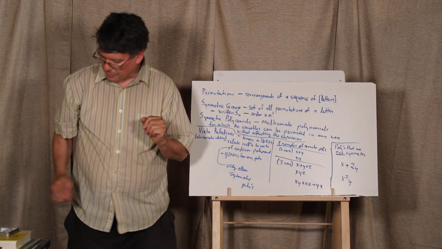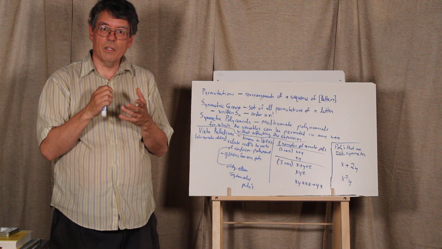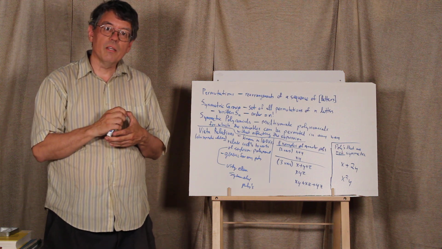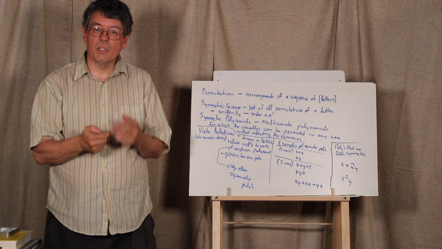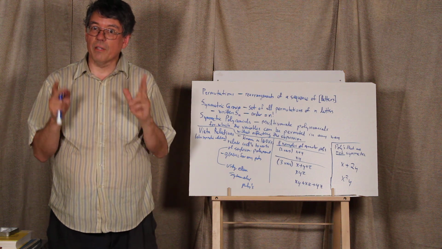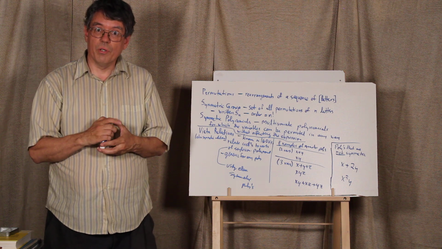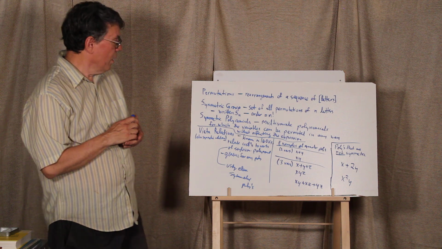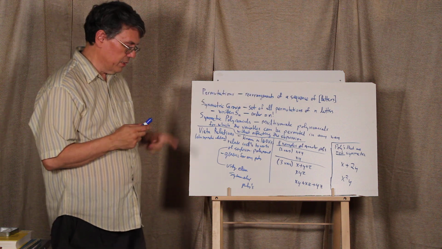Okay, so this simple observation leads us directly to the heart of Galois theory. The idea that you can rearrange, permute the roots of a polynomial in certain ways without affecting the algebraic relations between those roots is at the core of what we know as Galois theory. So I'm going to make a few definitions here. A permutation is a rearrangement of a sequence of letters.